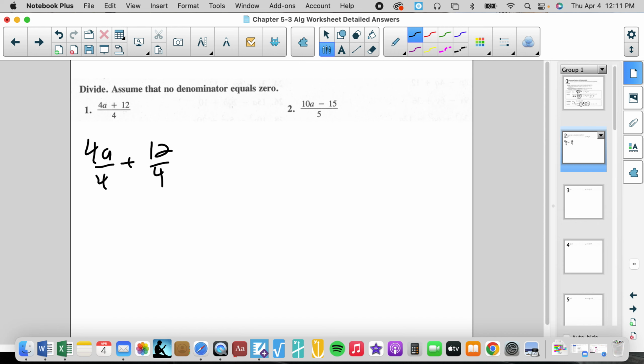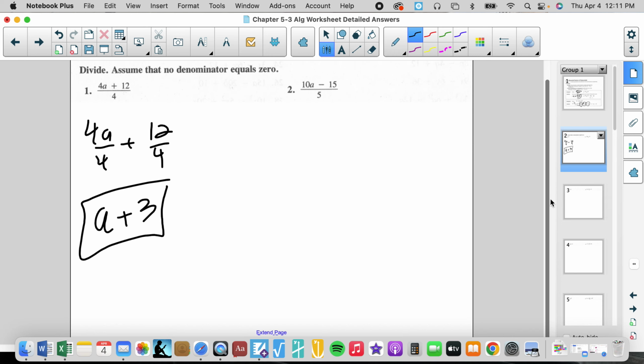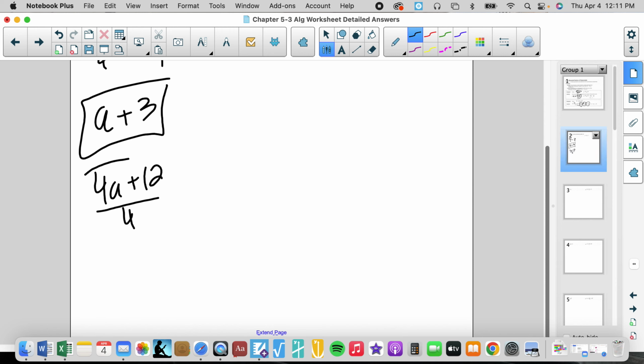This is one technique, mind you. And so we can simplify that and simplify that. Another way of doing this is we can look at 4a plus 12 over 4, and we can factor this. We can factor out a 4 and turn that numerator into that.